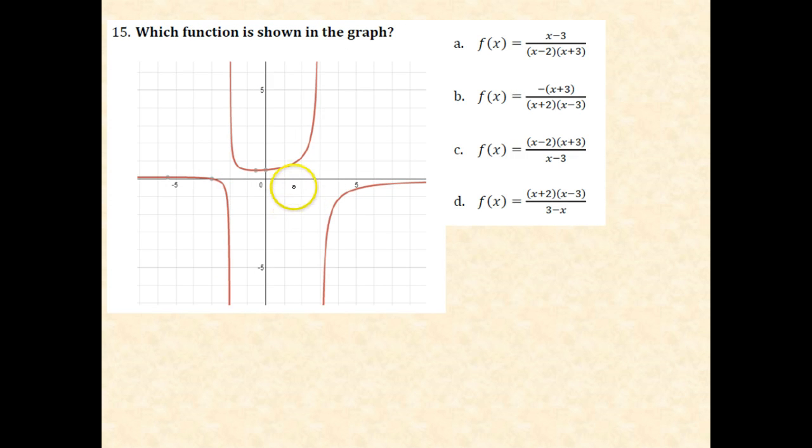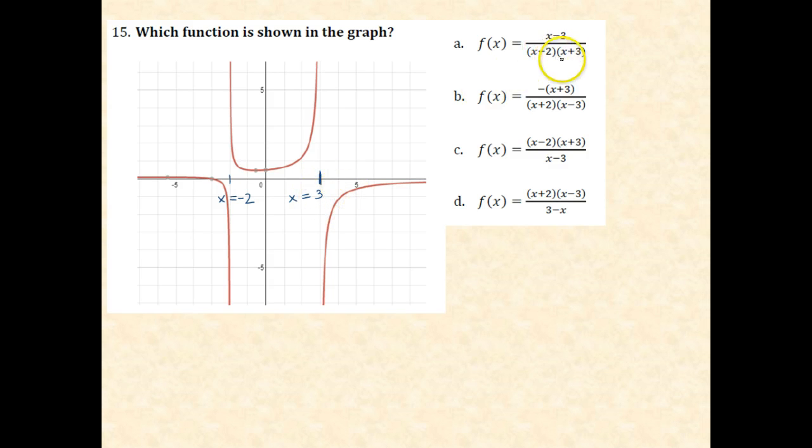Which function is shown in the graph? Well, we have an asymptote here and an asymptote here. This asymptote is at x equals 3, and this asymptote is at x equals negative 2. So what that tells us is that 3 needs to make a 0 in the denominator.